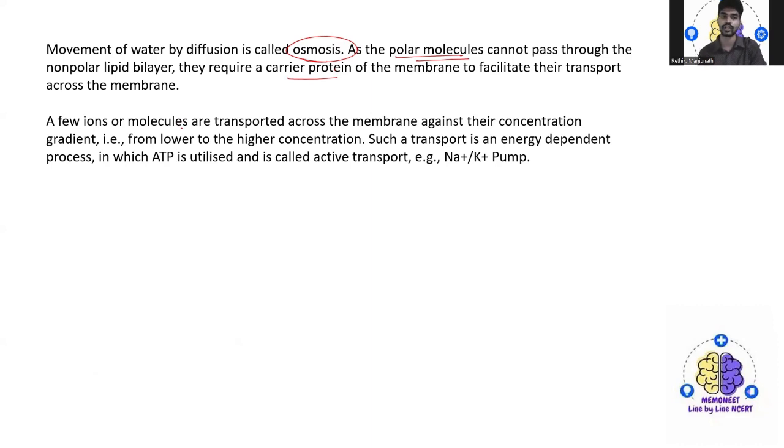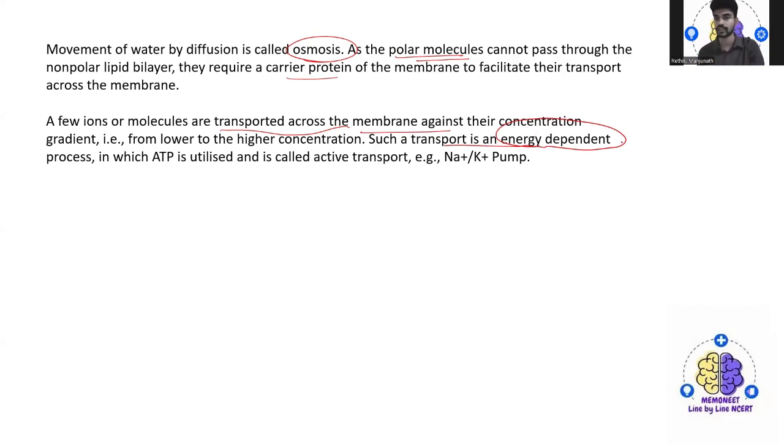Then very few ions or molecules are transported across the membrane against their concentration gradient, from lower concentration to higher concentration. Such a transport is where you require active transport.